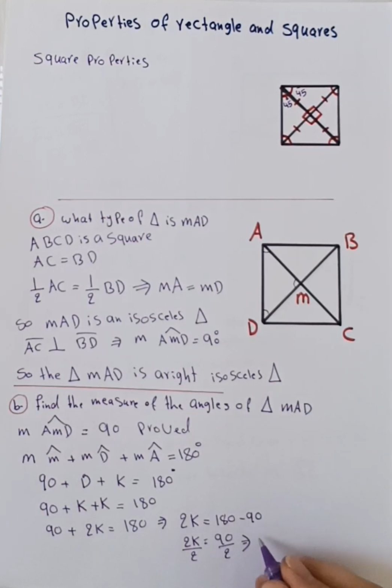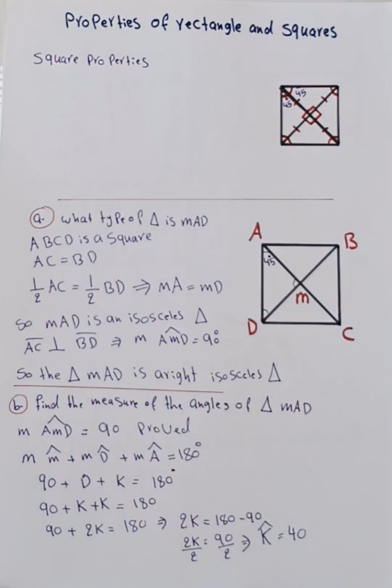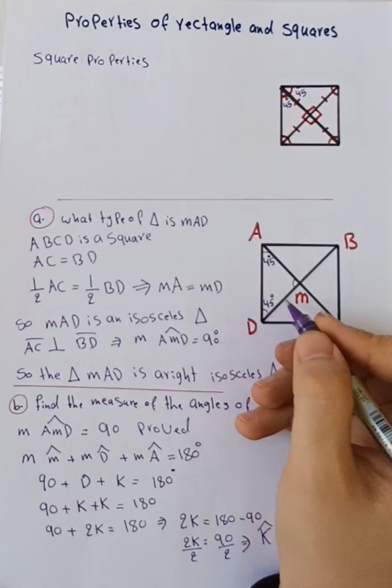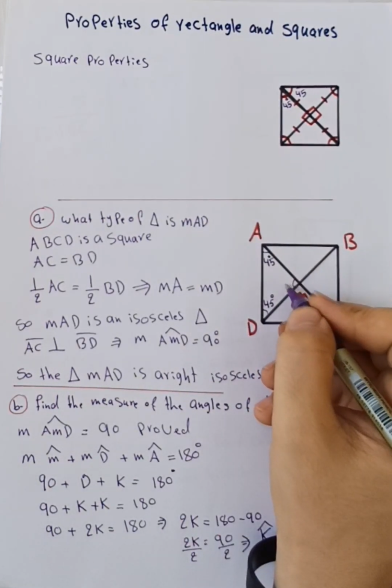So the value of K, or the measure of angles D and A, is 45. So the measure of A is 45, the measure of D is 45, and the measure of M is 90.